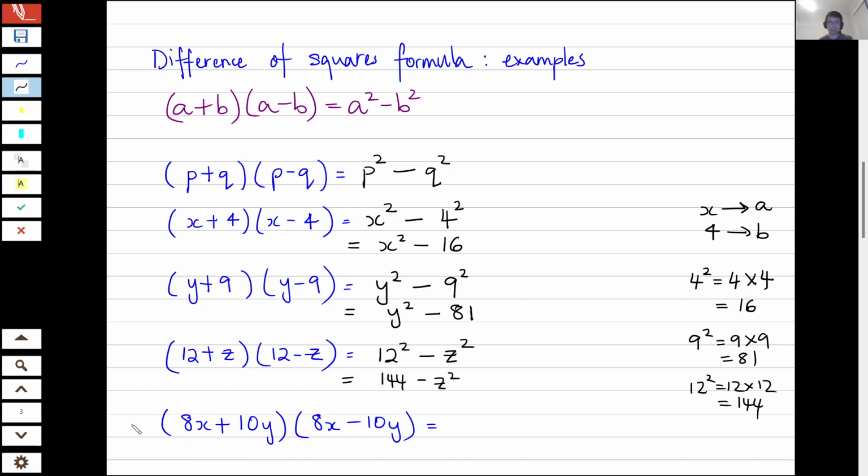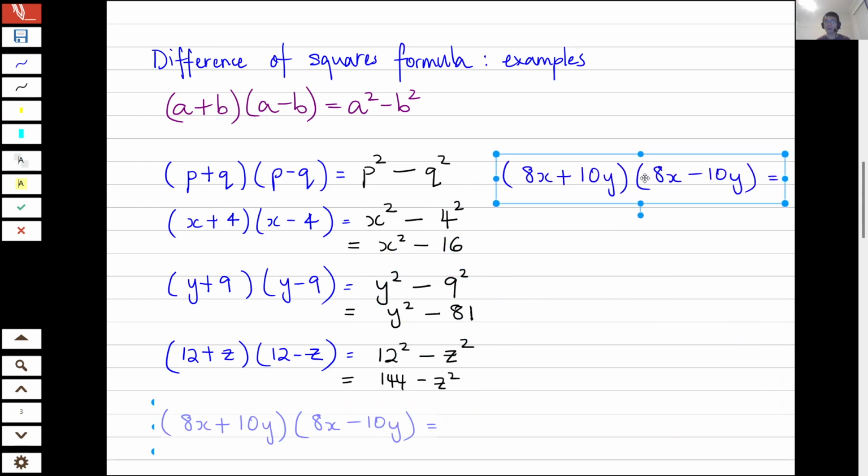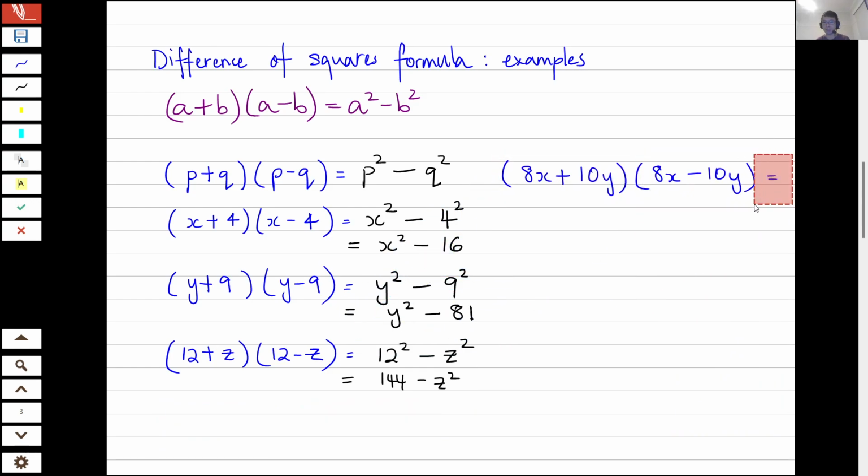And the last one, down the bottom, 8x plus 10y, 8x minus 10y. This one is not so obvious. So what I'm going to do is I'm going to show you how to do this. Just draw a line here. My first term is 8x. So I can't just square the 8.